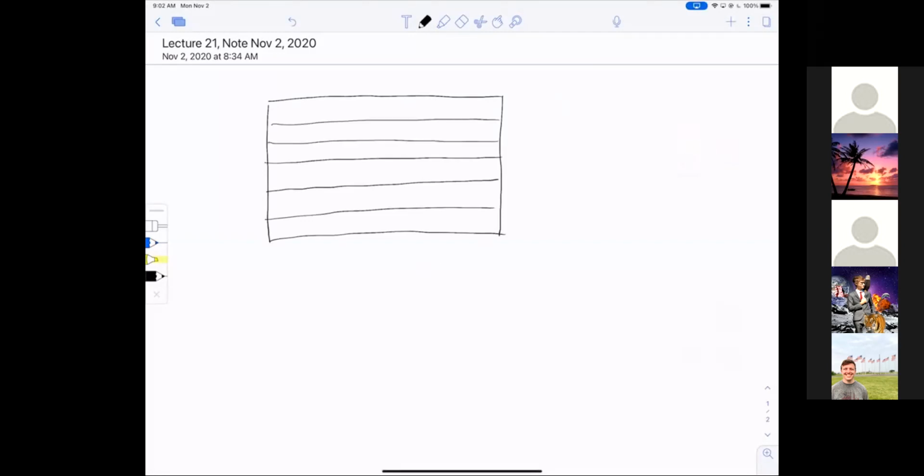Each column is sitting on a corner. So this is a column, I skip one, and this is another column. Skip one, another column. Skip one, another column.